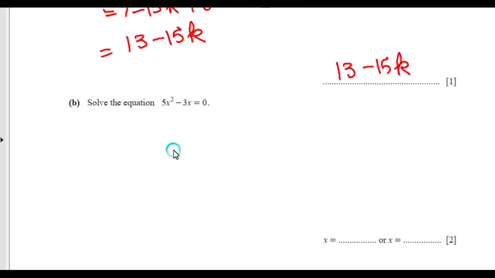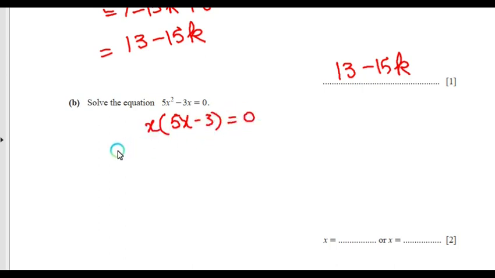Okay, in the next part we have to solve the equation. This is a quadratic equation because of this square power, 2 power on x, right? We have only 2 terms, so we can take x as common. Leftover will be 5x minus 3 equal to 0. So this product is equal to 0.